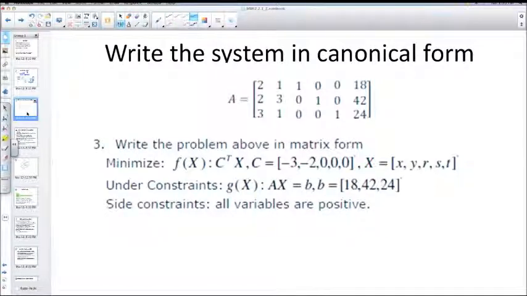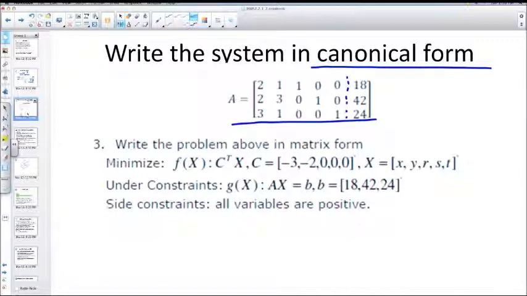Then the third step, we write it into canonical form, where this A really is the same matrix as when we use the Gauss-Jordan algorithm to solve equations. Remember that. And the right column, 18, 42, 24, is this b, which is the right-hand constants. And A really is this part.